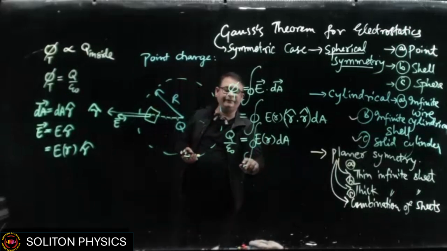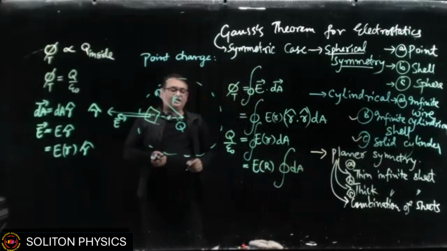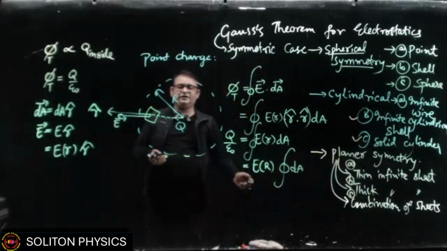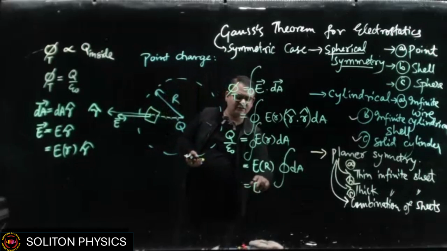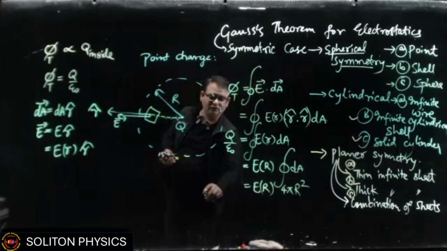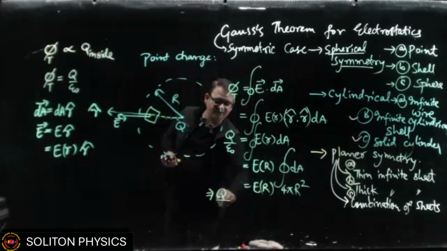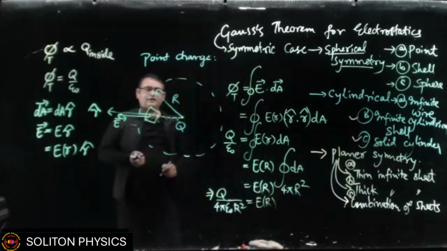Now on the left side, I know the field will be constant at this radius, so I'm going to write E(r) and take it out, and this will become closed integral dA. Now this closed integral dA means it's the area of this spherical surface. So that is E(r) times 4 pi r squared. So you can see clearly E equals Q by 4 pi epsilon naught r squared.